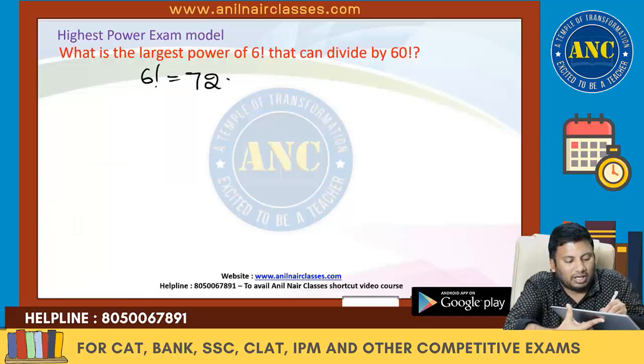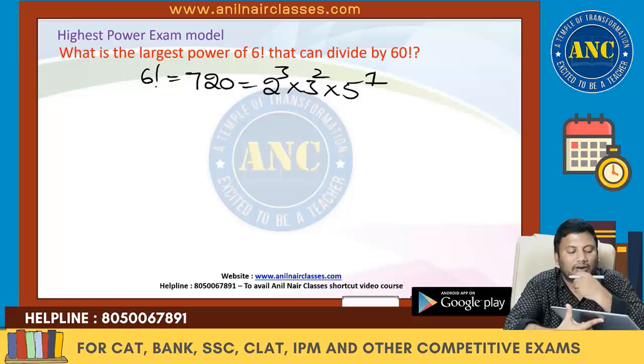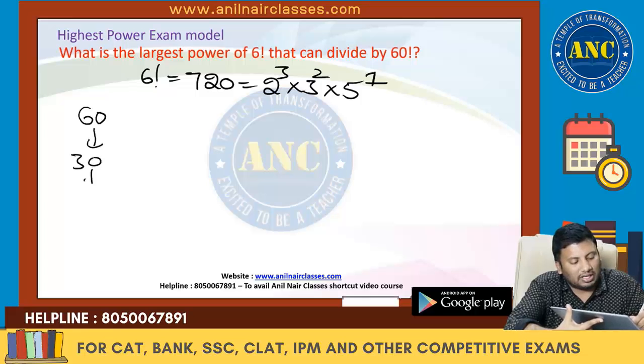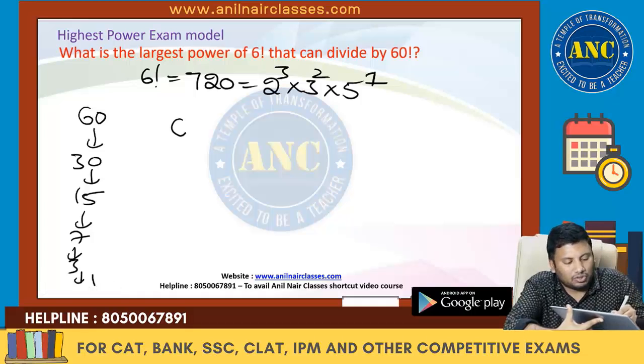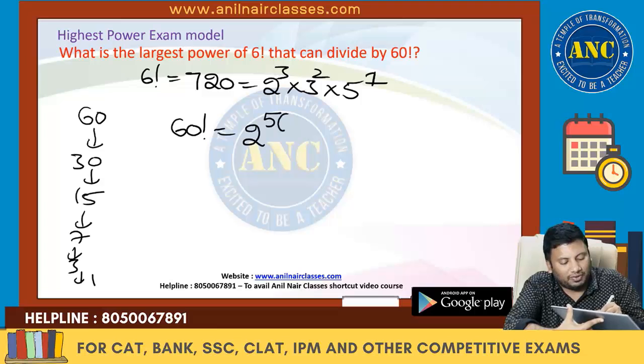6 factorial is 720, which is 2 cube into 3 square into 5 power 1. So for 60 factorial, how much are you getting? 30, 15, 7, 3, 1. So the power of 2 is 30, 45, 52, 55, 56 — 2 power 56.